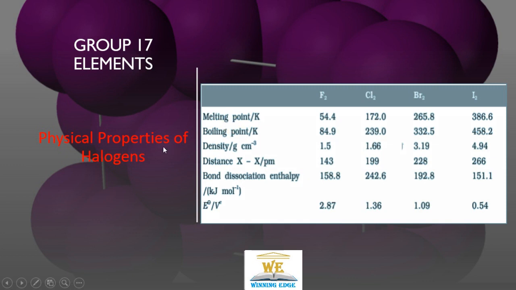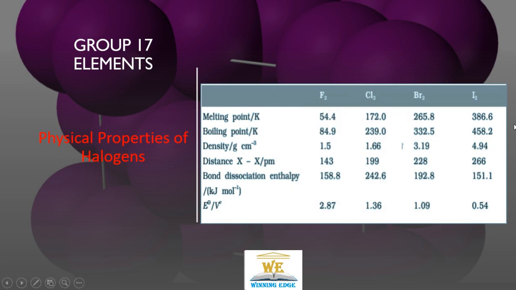Among the other physical properties of halogens, we have melting points, boiling points, density, and interatomic distance between halogen atoms. These are basically covalent molecules, with bond dissociation energies and standard electrode potential. Here we see a trend.